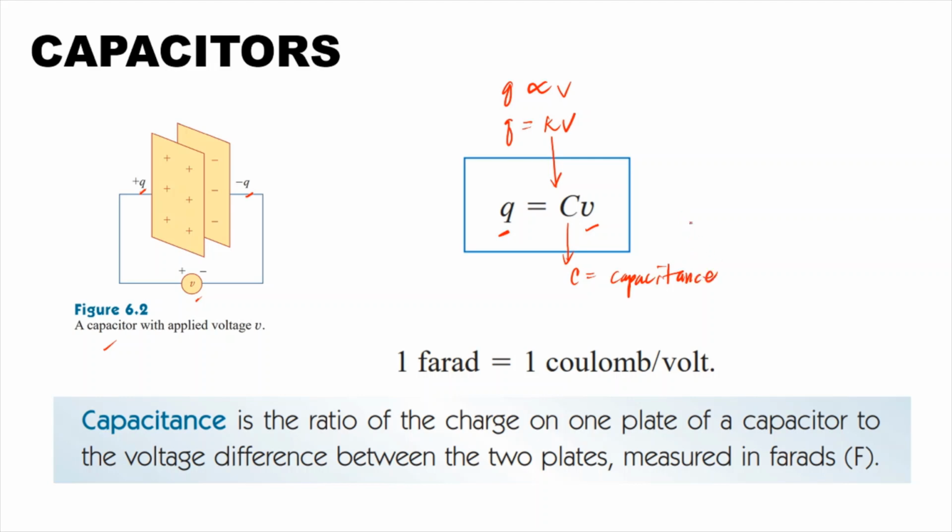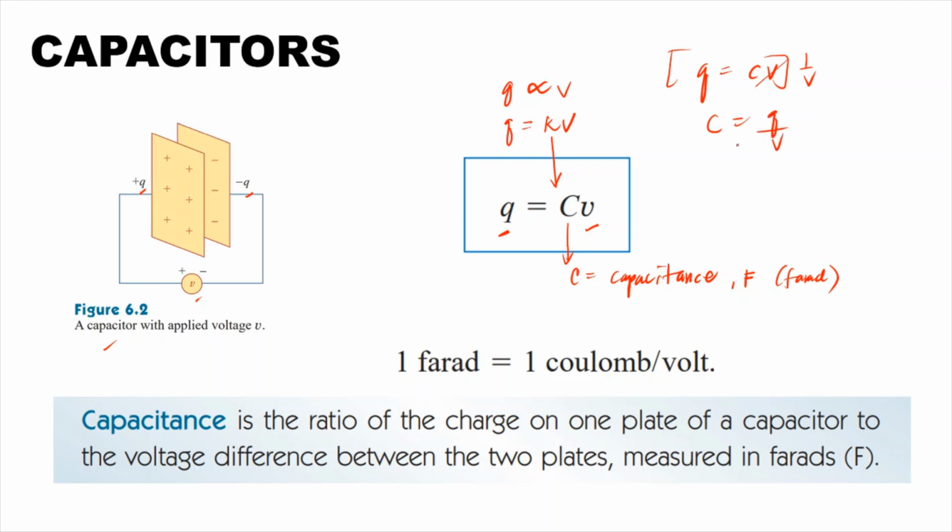The constant of proportionality in the equation is the capacitance, which is measured in farad, capital letter F, named after Michael Faraday. So Q is equal to CV. Divide both sides by V, and that is C equals Q over V.